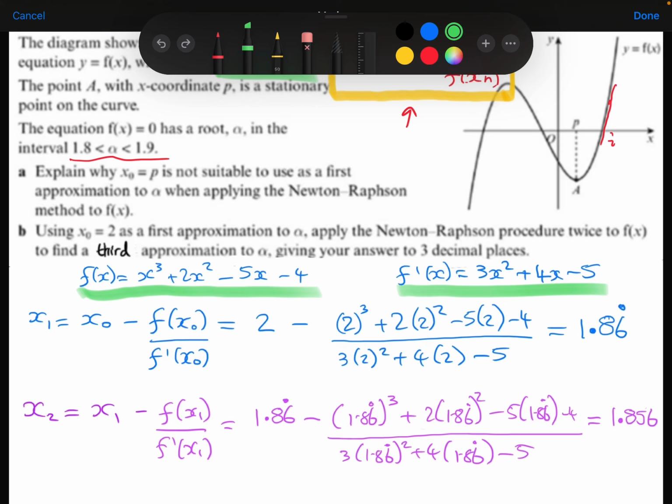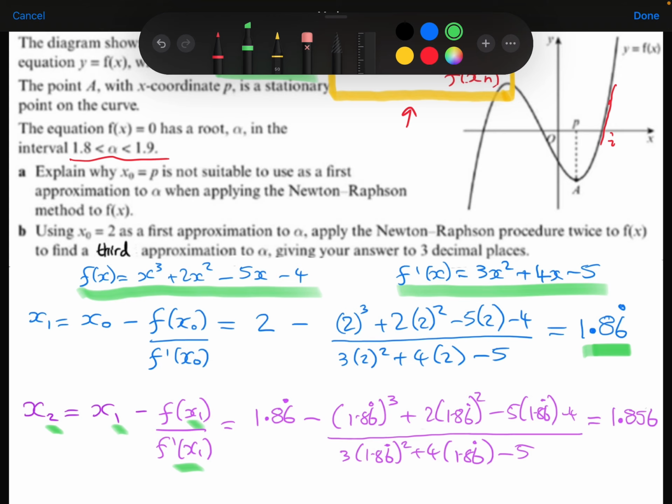Now to apply Newton-Raphson for the second time. So x2 equals x1 minus f of x1 divided by f dash of x1. Same formula, but I'm now substituting 1.86 recurring, the first answer.